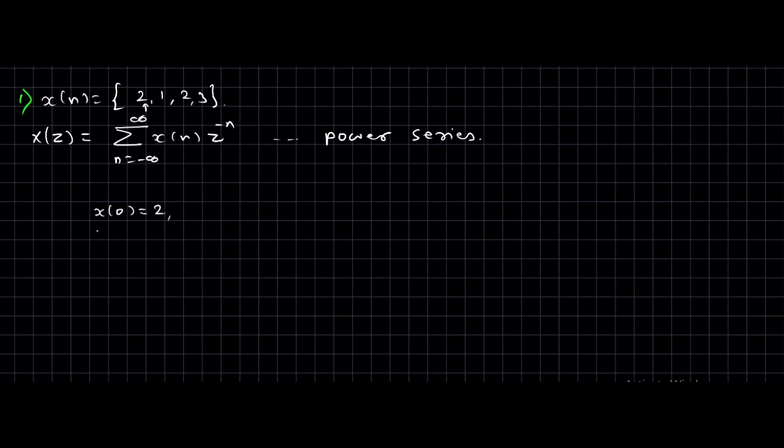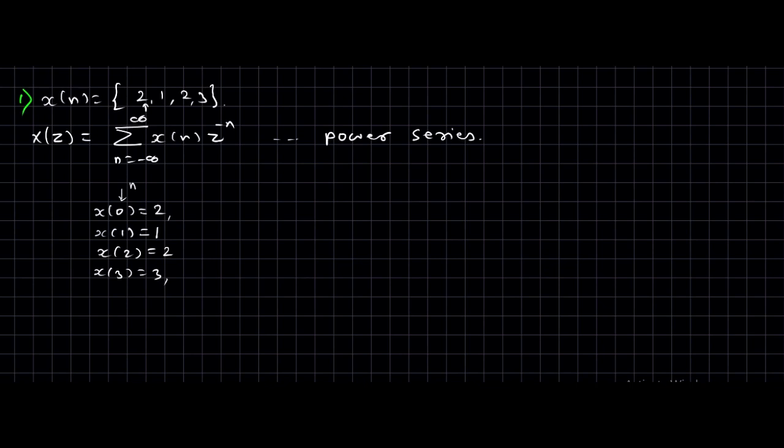X of 0 is 2, x of 1 is 1, x of 2 is 2, and x of 3 is 3. So these are the magnitudes of the given sequence. And the index indicates the n value. Let us substitute these values for x of n.